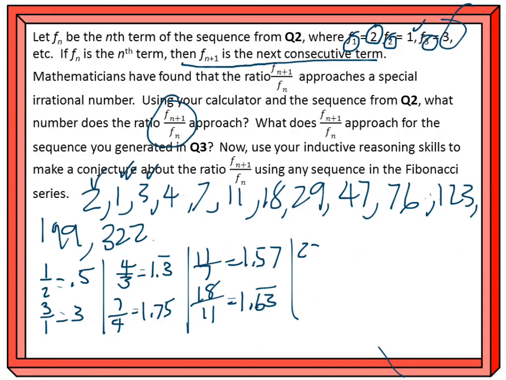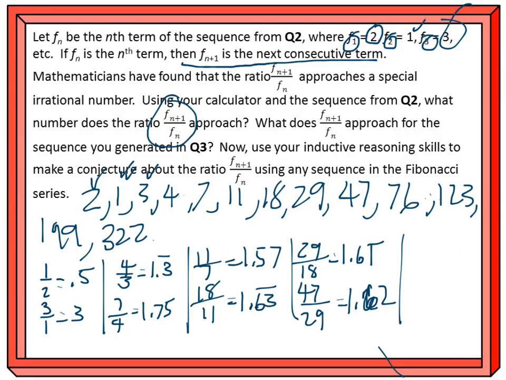Alright, we got 29 over 18, 1.61 repeating, it's just the one that's repeating, 47 over 29, 1.62.